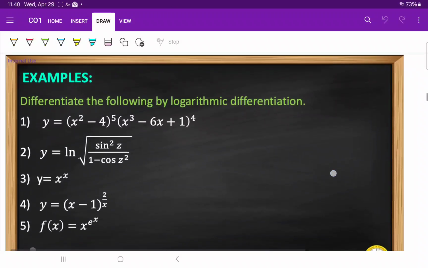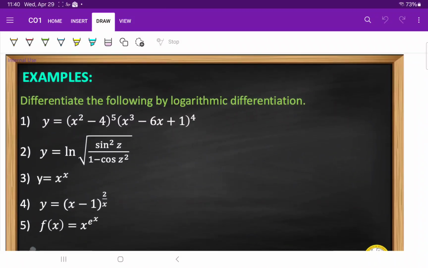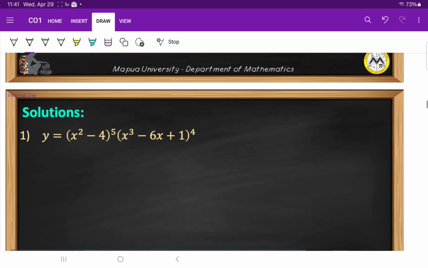If you're going to recall, we solved this kind of problem here using the chain rule. When we solved this one, we used the derivative of a product. Can you recall that?